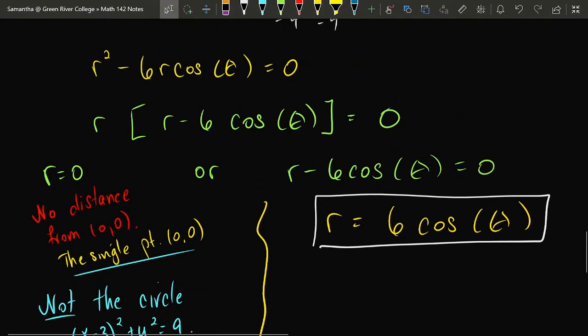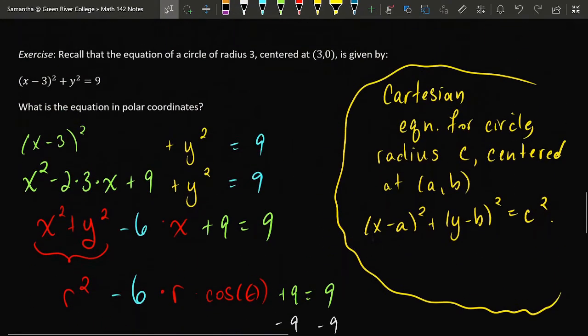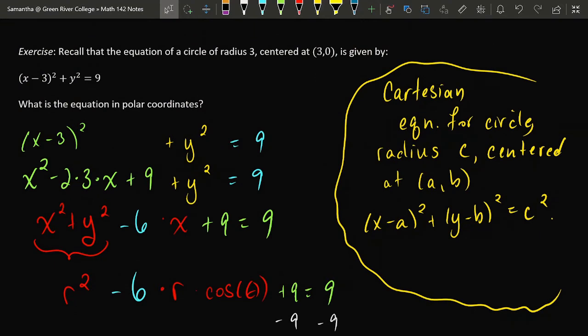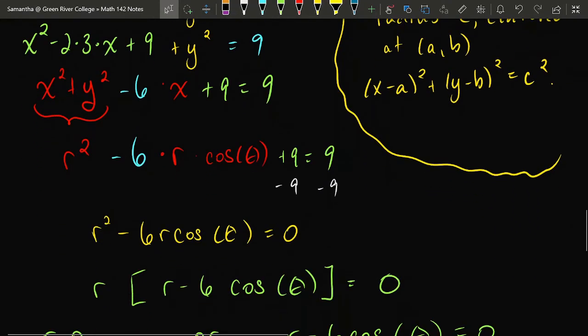So in general, my recommendation when converting equations from Cartesian to polar coordinates is this. First, simplify your Cartesian equation and see if you can find any instances of x squared plus y squared. If you can find an x squared plus y squared, then that entire quantity can be converted to an r squared. Very convenient.